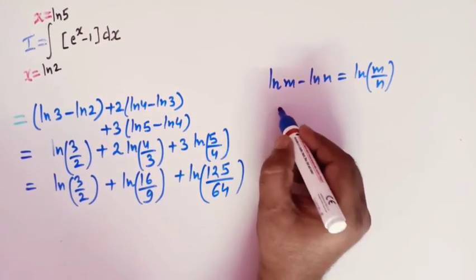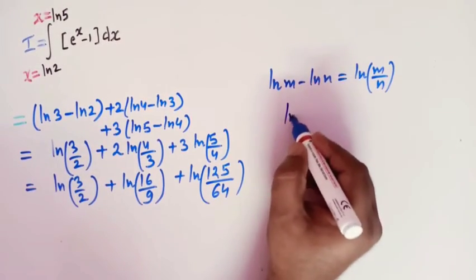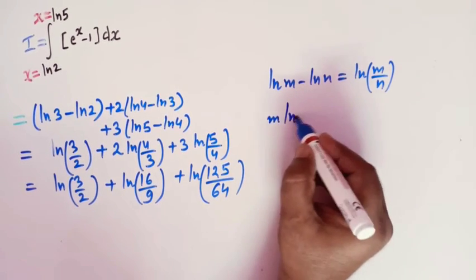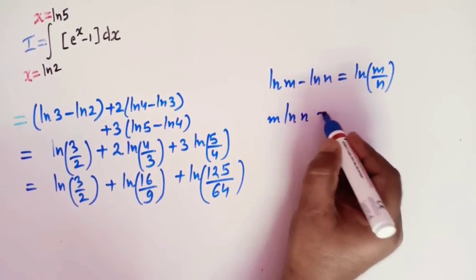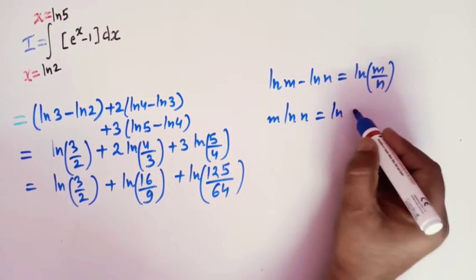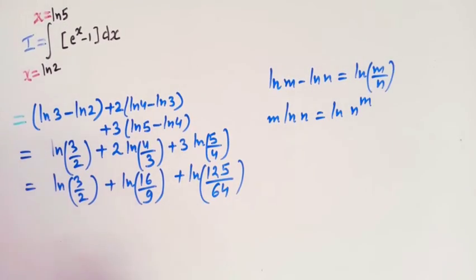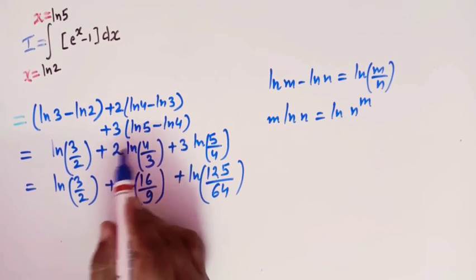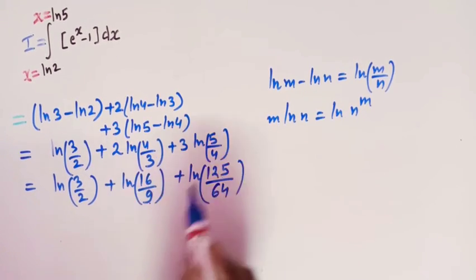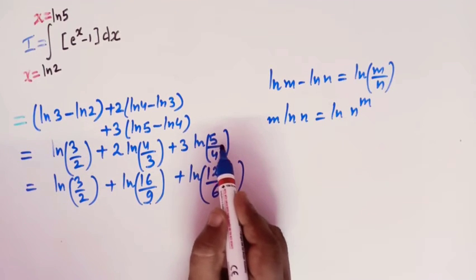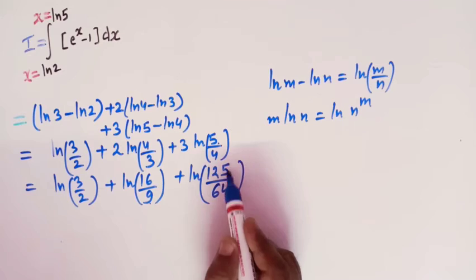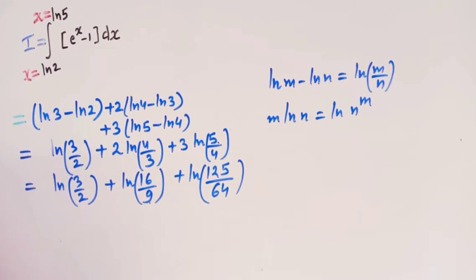Again, here we have used that m log n is equal to log of n raised to m, right? So here we have 4 over 3 raised to 2, that is 16 over 9, and here we have 5 over 4 raised to 3, so that is 125 over 64, right?